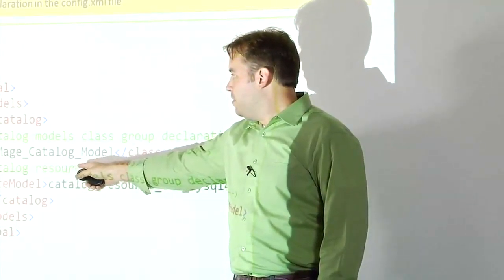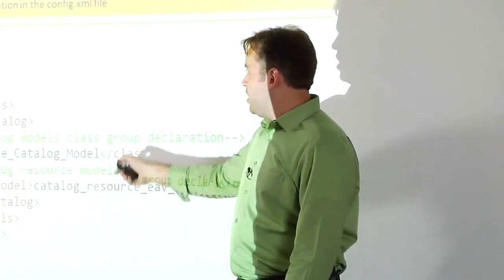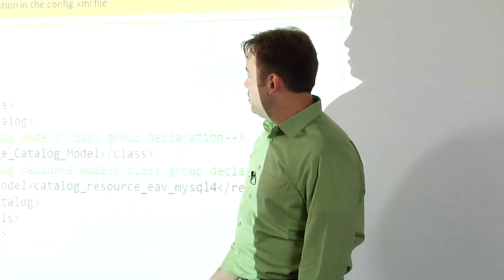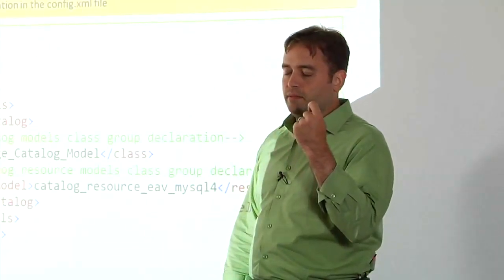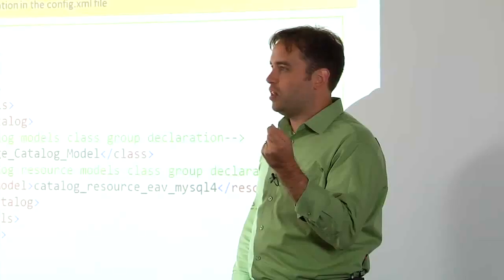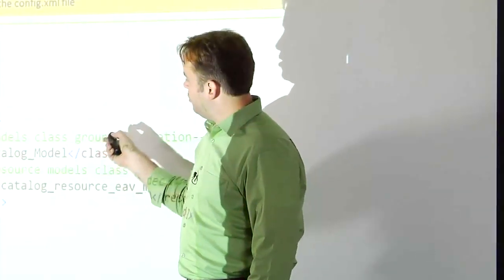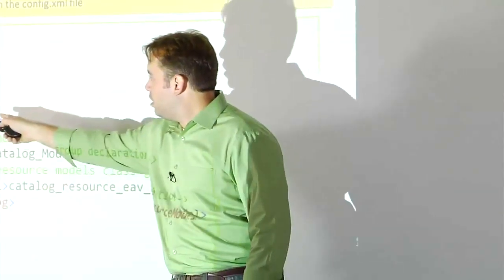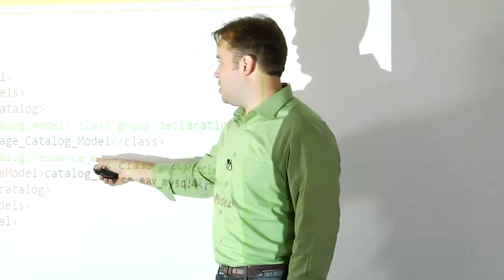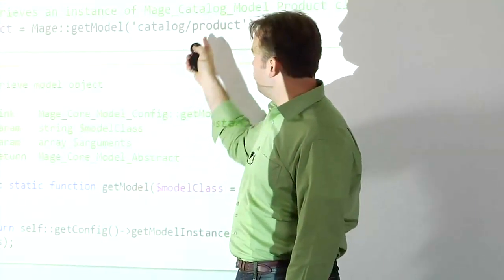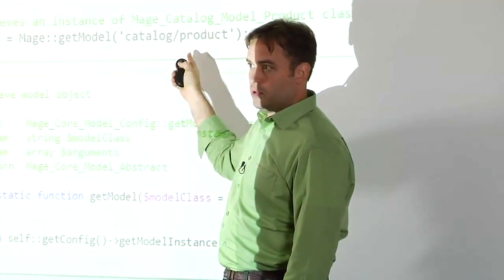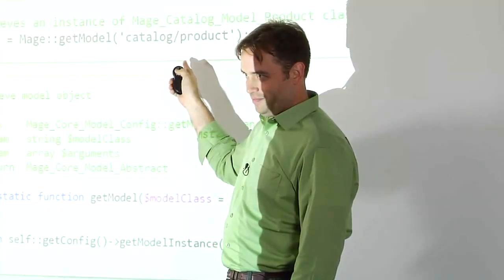So this becomes the first part of the class name. If I have product here, then the system is going to try and instantiate a class: it's going to match catalog under here and try to instantiate Mage_Catalog_Model_Product, with a capital P.